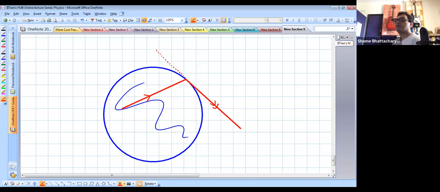But for that to happen, what will be required is that your angle of incidence, in this case, will be this angle. Here now, this angle will have to be the critical angle, so that this angle becomes 90.